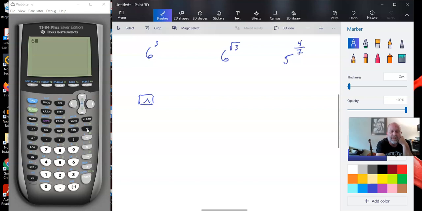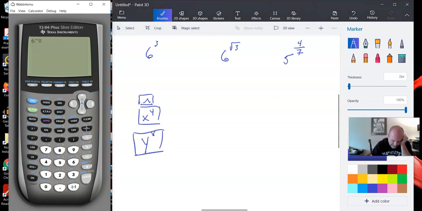It's the second function over 6, so it's that same caret that you're looking at. The other button that you might see, sometimes it'll be X to the Y, or Y to the X. It'll look like one of those two also. But in this case, it's this caret. And if we want 6 to the third, we just type in 6 to the third, and we get 216.